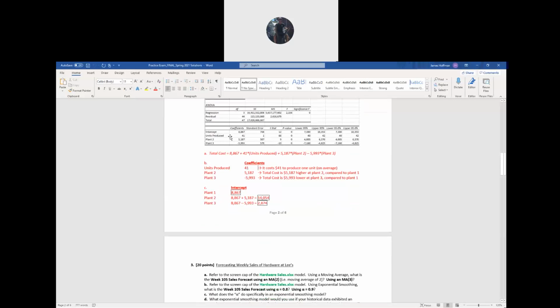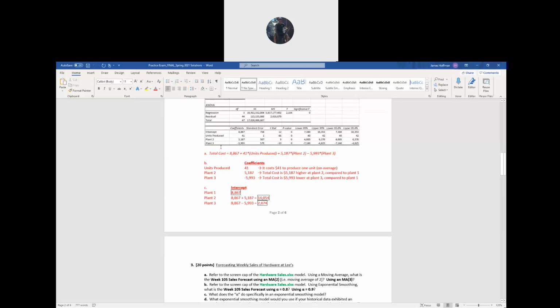When you change this by 1 unit, that's the effect on y, and producing 1 more unit adds that much to total cost. So this just means it costs $41 to produce 1 unit on average. So when you produce 1 more unit, that's the effect on total cost, and that means more intuitively that it just costs $41 to produce 1 more unit.